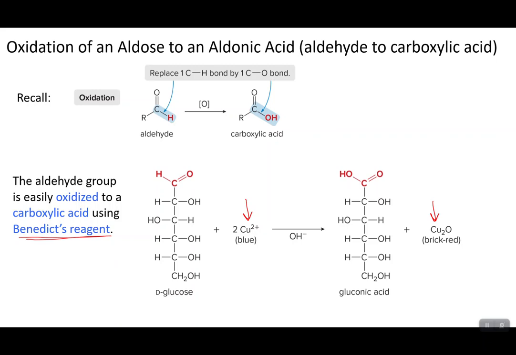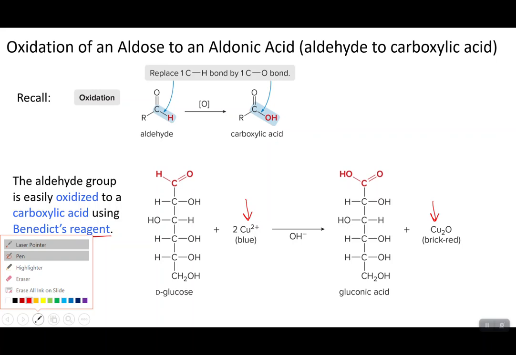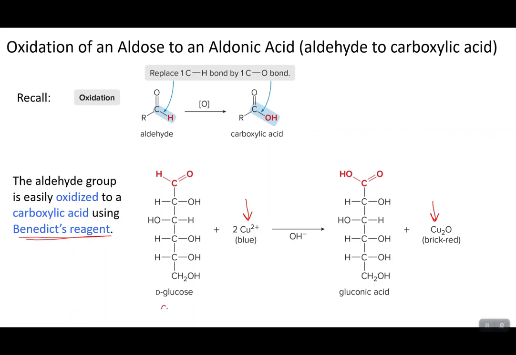This means that the aldehyde group can be converted into a carboxylic acid, where we increase the number of carbon-oxygen bonds. That is why we go from glucose, which is an aldose, to gluconic acid, because species that have a carboxylic acid derived from a carbohydrate are called aldonic acids. And that is because it contains a carboxylic group up here.